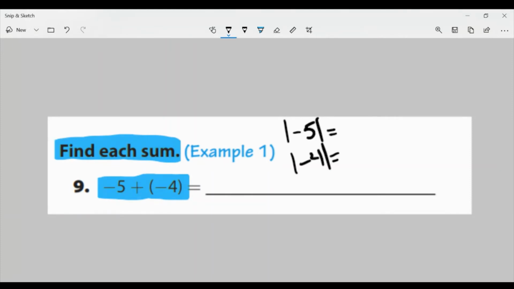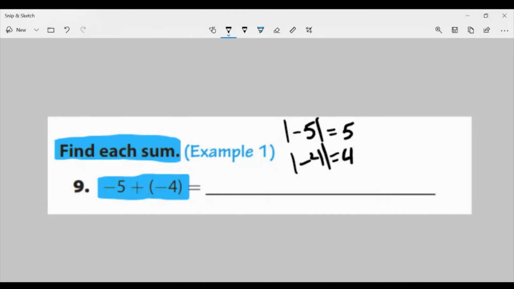Okay, so how far is -5 from 0? Well, it's only 5 units away, right? -4 is 4 units away. So they're both positive now, right? Whenever you get an absolute value, it's always positive because distances are always positive.